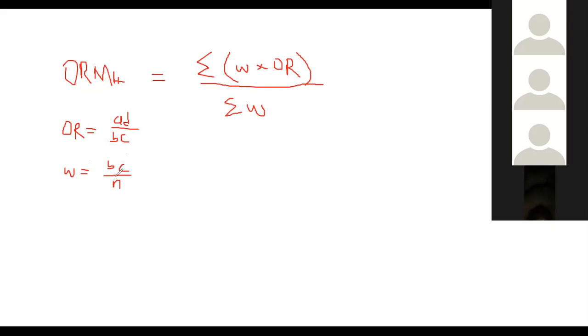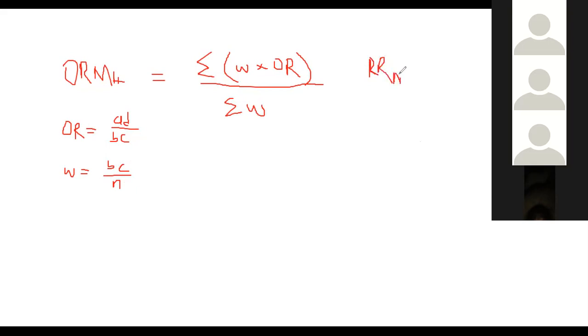So the weight of this odds ratio should be the value of the total n for the stratum over this. If you are considering relative risk instead of odds ratio, it's still the same thing.